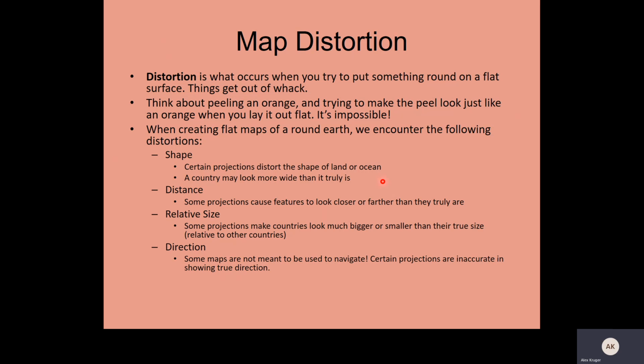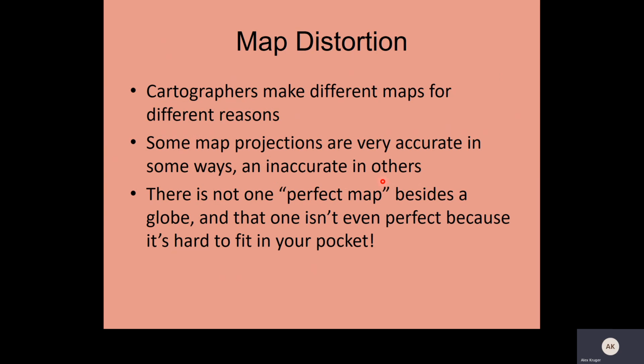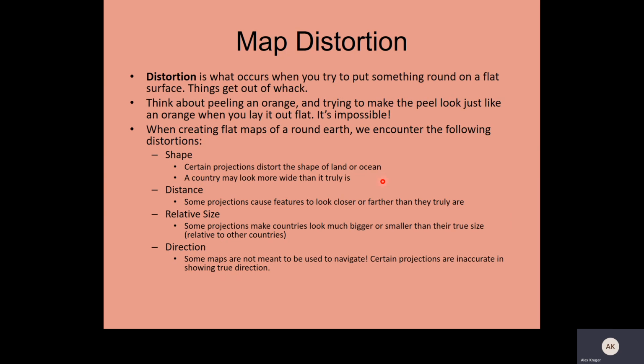Relative size. Some projections make countries look way bigger than their true size. And then direction. On some maps it won't be true north because it's distorted too much, so you can't use it for direction. Every map is going to encounter one of these distortions: shape, distance, relative size, or direction.